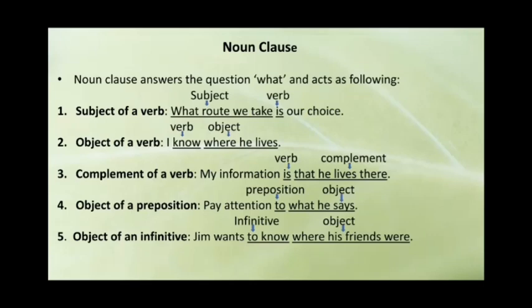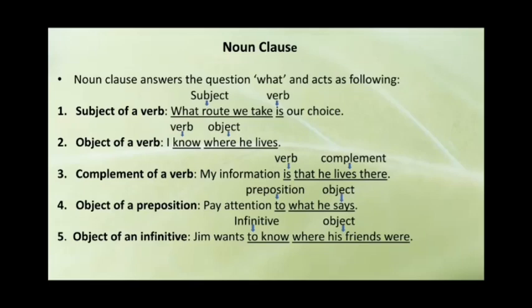Second, object of a verb. In this, we need to see if the subordinate clause is the object of a verb or not. For example, I know where he lives. In this sentence, we have I as a subject, so we do not have to do anything with it because we are searching for the object.